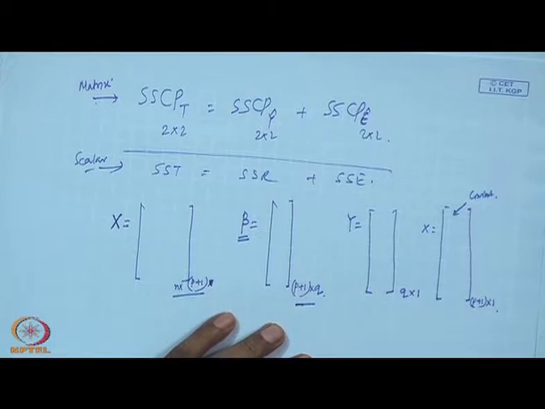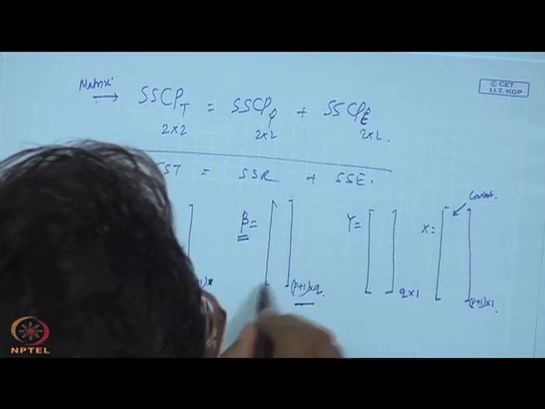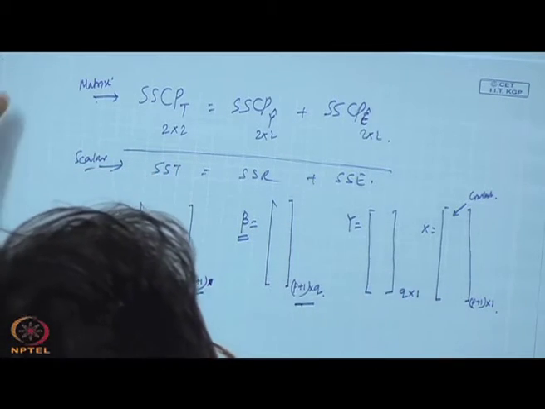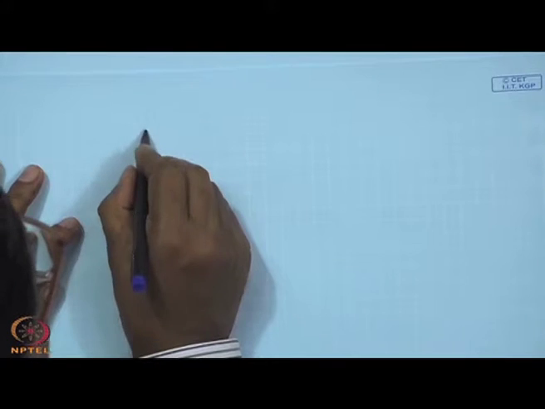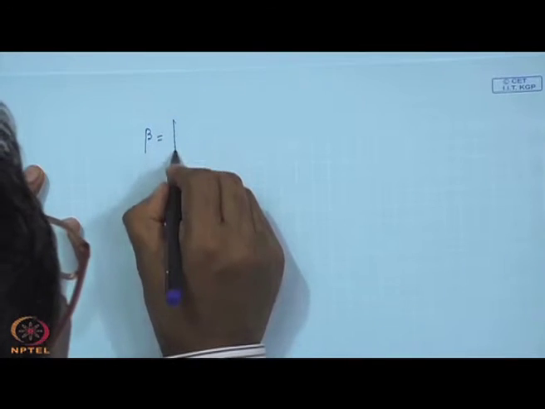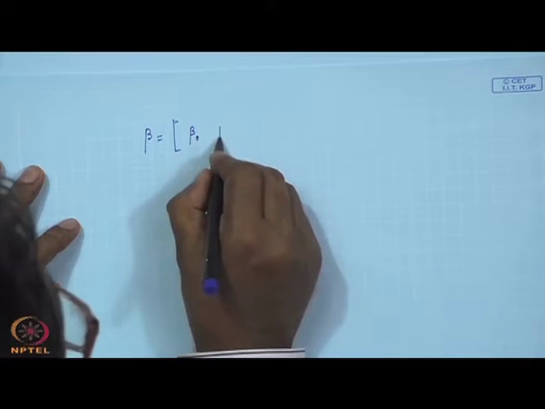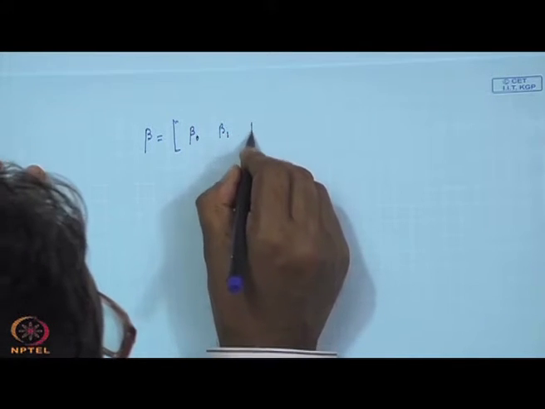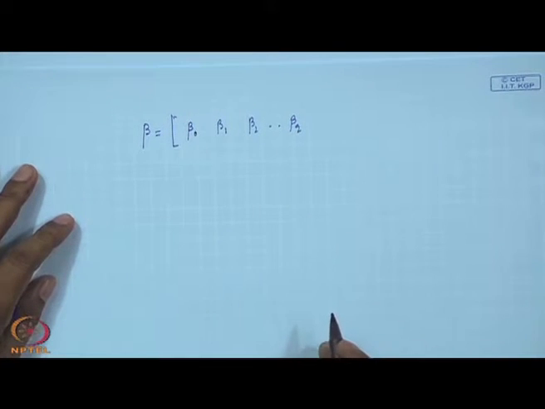Okay. Now, if I write down here for the y variable, the q variable case, the beta part I can write like this: beta 0, beta 1, beta 2, beta q will write?